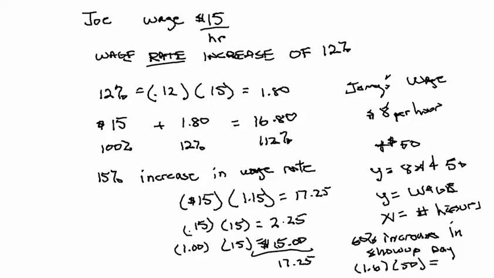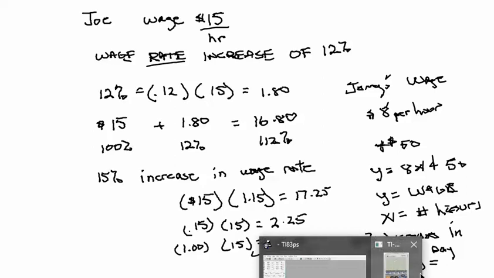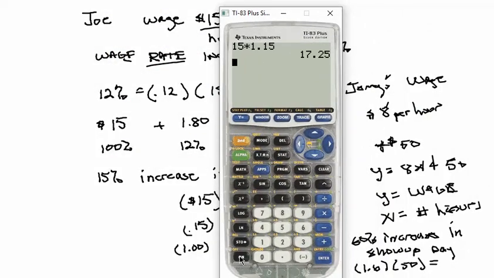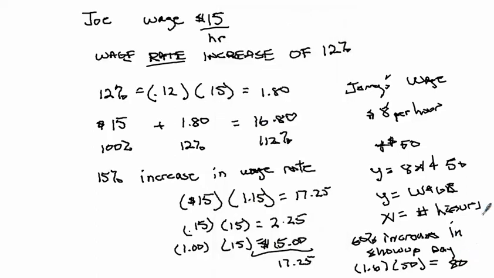And bringing out the calculator, we would go 1.6 times 50. $80. So that 60% increase would raise that to $80. So our new equation would be 8x plus 80. So again, you can either do the constant, there'd be a percent increase in the constant, or you could have a percent increase in the rate.